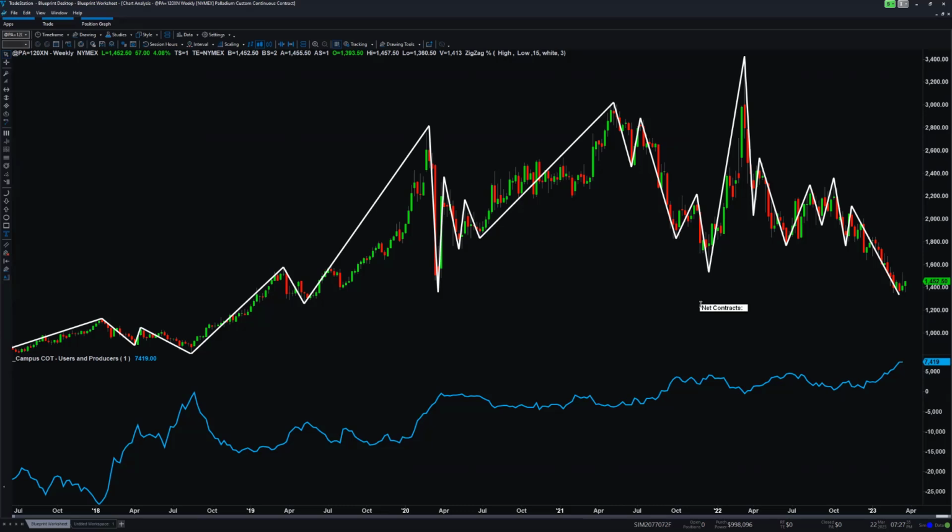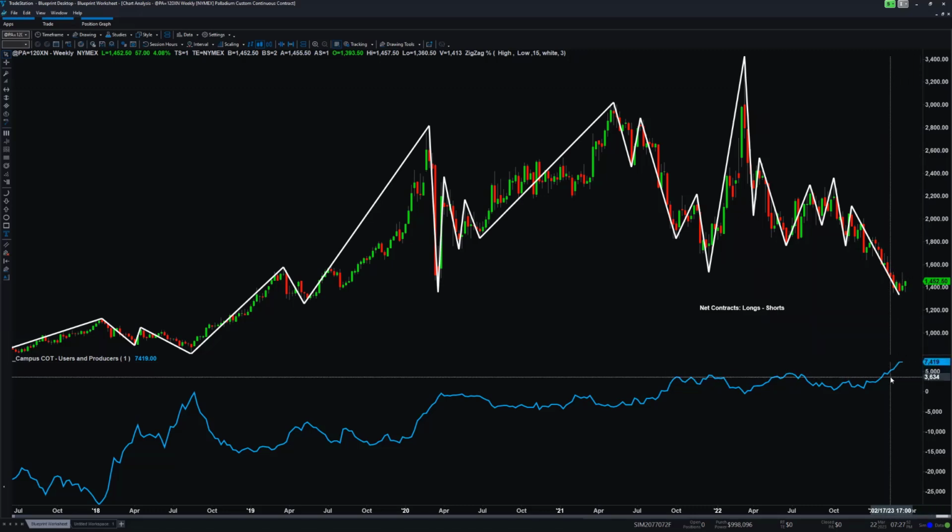Net contracts is we're looking at all the longs and then we're subtracting all the shorts, and then you're left with a net contract size.